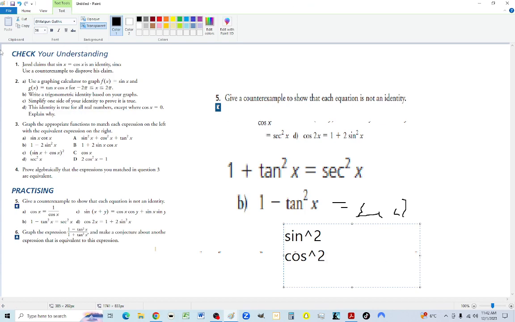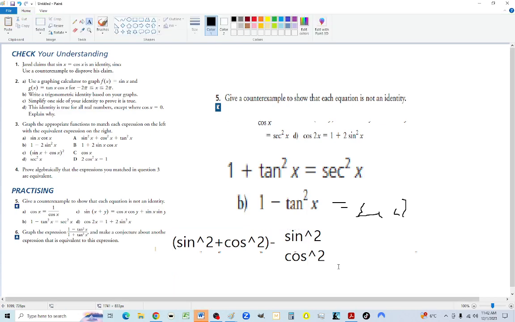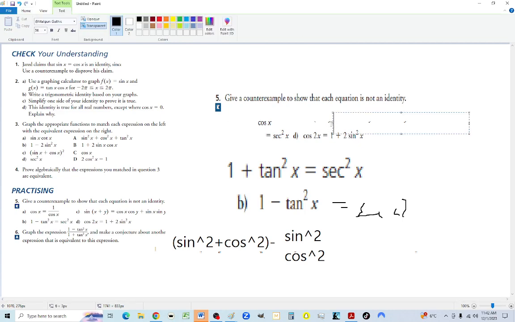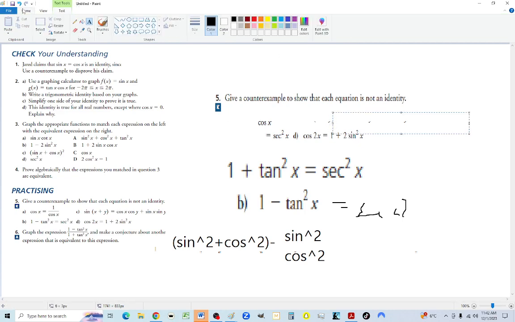And that 1 is the same as sine squared plus cos squared. If we're to subtract them, we have to put this all over cos squared. Well, actually, that might not even be the easiest way. You can multiply both sides by it and prove it.